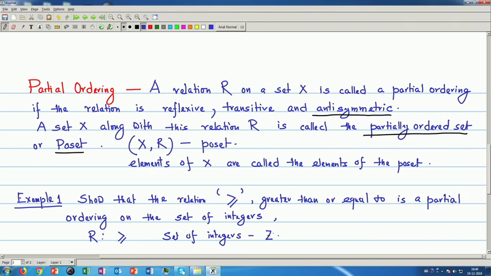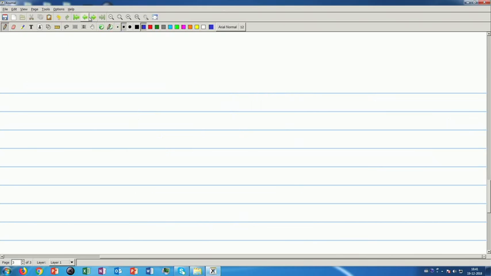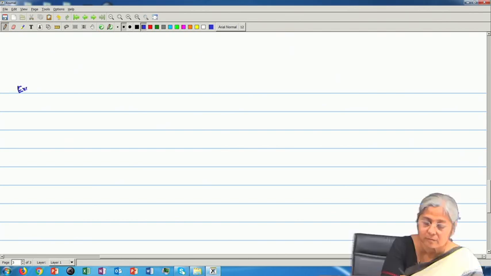Now, see what properties the relation holds. Example 1 continued.